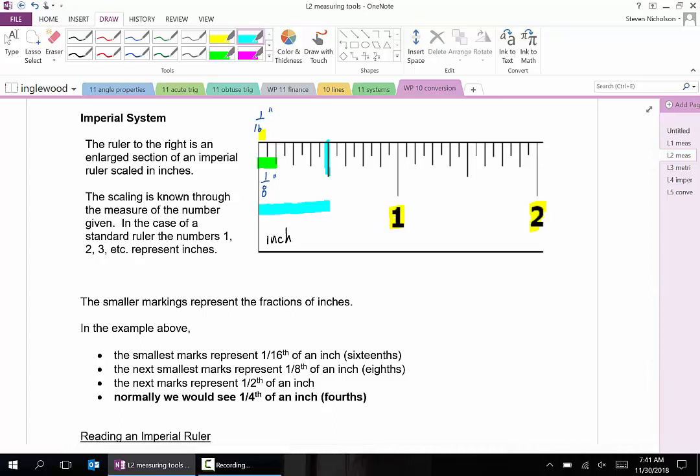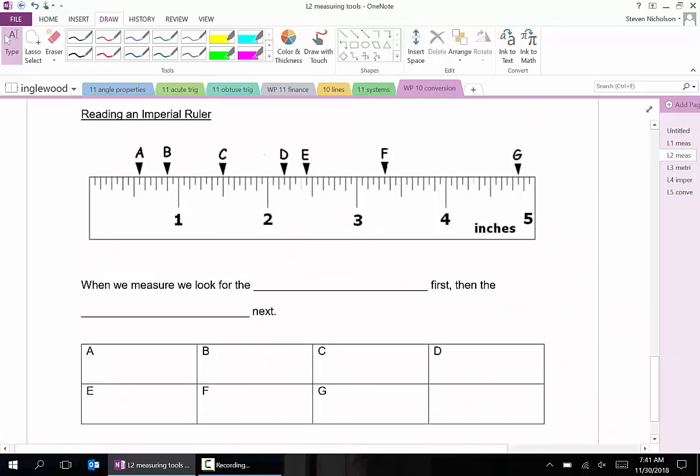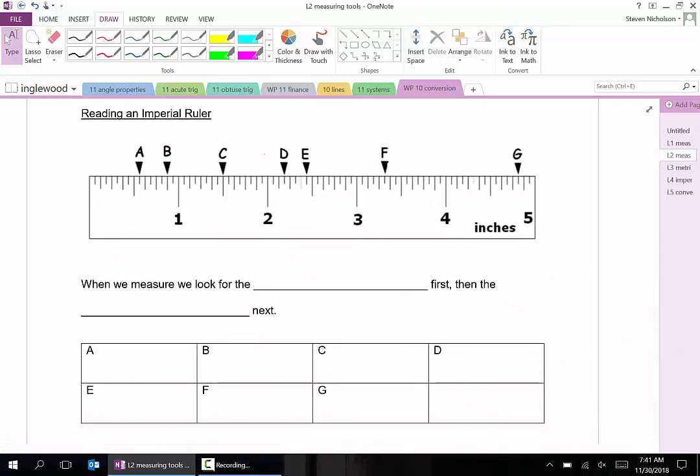So in reading a ruler, we want to use the most obvious fraction. Like if you said, oh, something is 8/16 of an inch, you wouldn't be wrong, and people might understand that. But if you said something was a 1/2 inch, they would understand it a lot easier. And that's ultimately what we want to do. So going over reading an imperial ruler, again, exactly the same as reading a metric ruler.